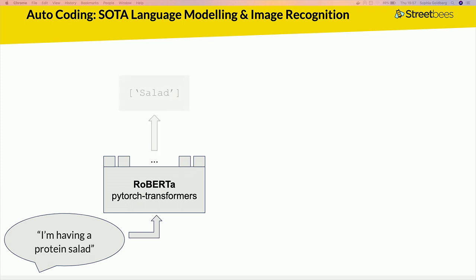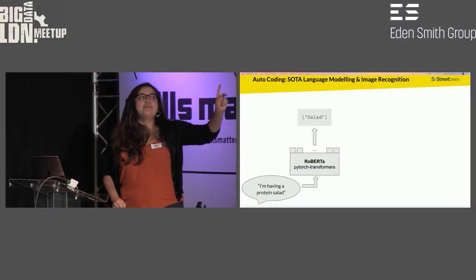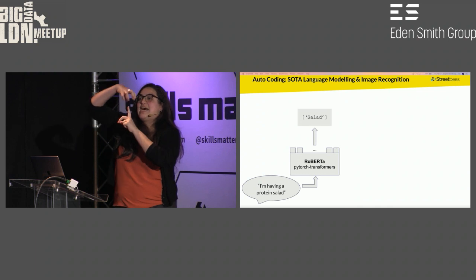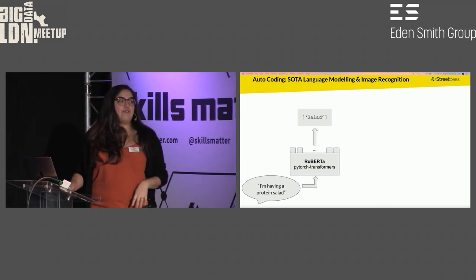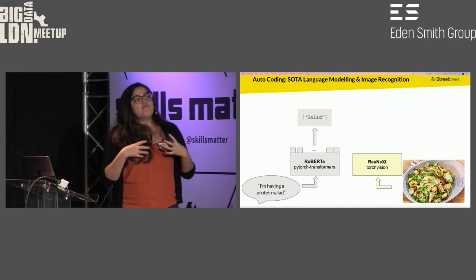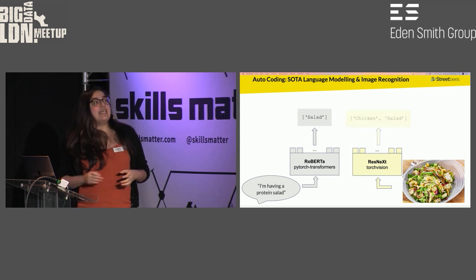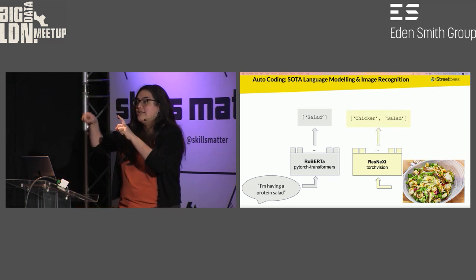For example, it would end up giving you a 1 where it says salad, and a 0 everywhere else. And we can also do the same for our images with ResNext.